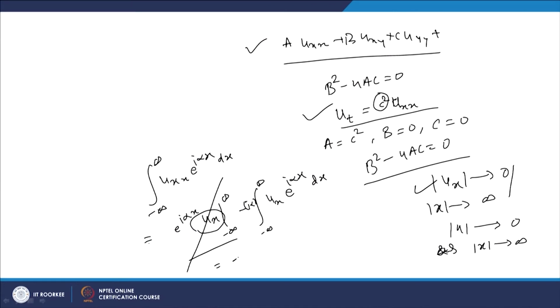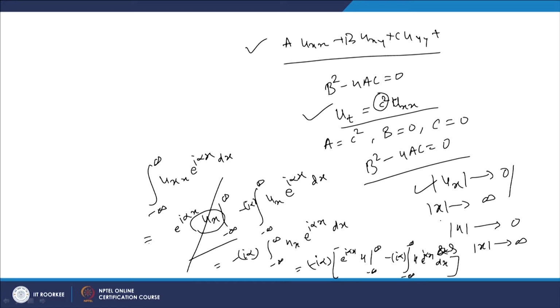So this I can write as minus I alpha times the integral from minus infinity to infinity of u_x e to power I alpha x dx. Now we have to apply integration by parts one more time. We have minus I alpha, first integration of second, so e to power I alpha x u between minus infinity and infinity, minus again a minus I alpha times the integral of u and e to power I alpha x dx.